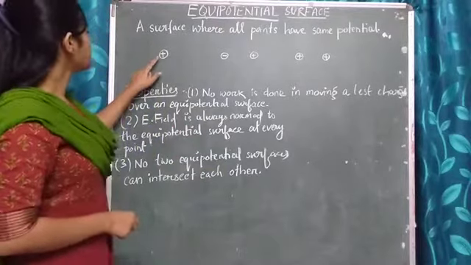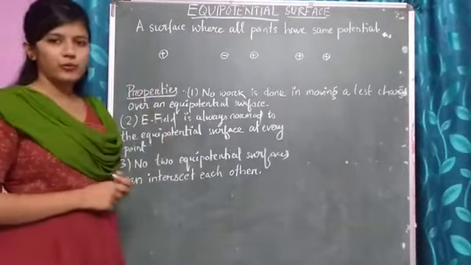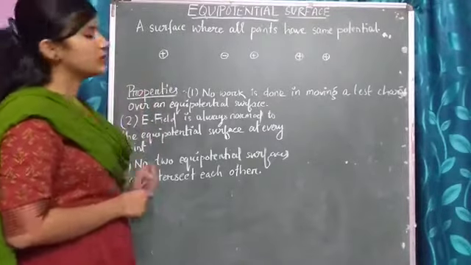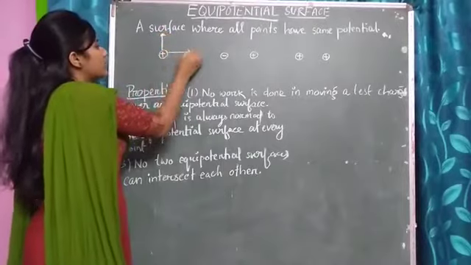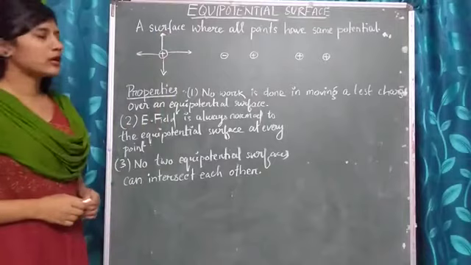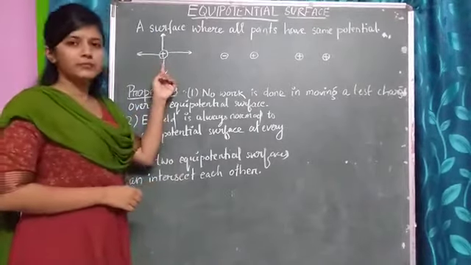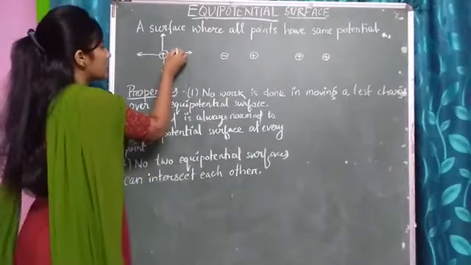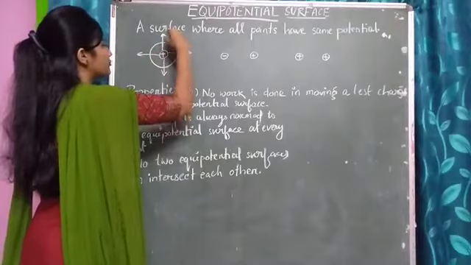Let us take the example of an isolated positive point charge. Due to this point charge, the direction of the electric field will be radially outwards. Suppose the equipotential surface for this positive charge is a concentric spherical surface.